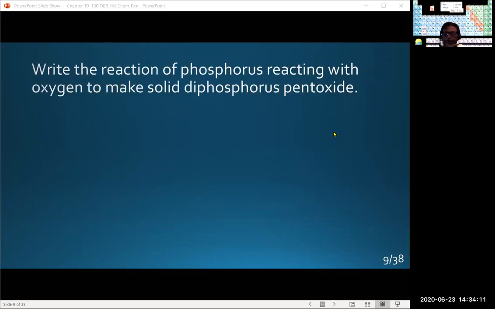Here's another reaction. The reaction of phosphorus reacting with oxygen to make diphosphorus pentoxide. Now previously we've been making ionic compounds, but we're making a covalent compound.